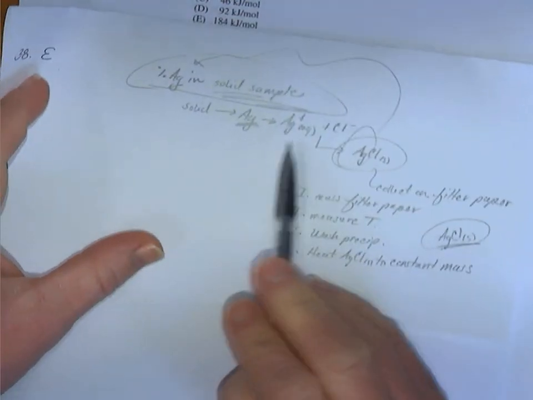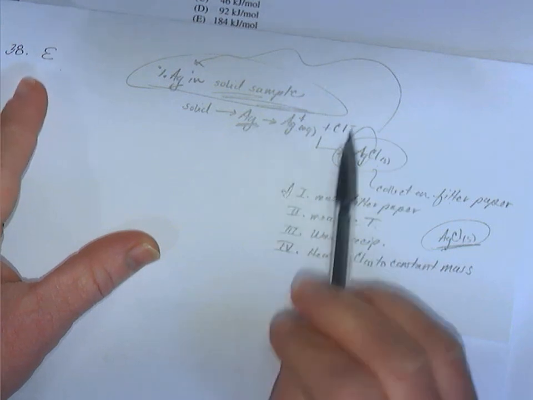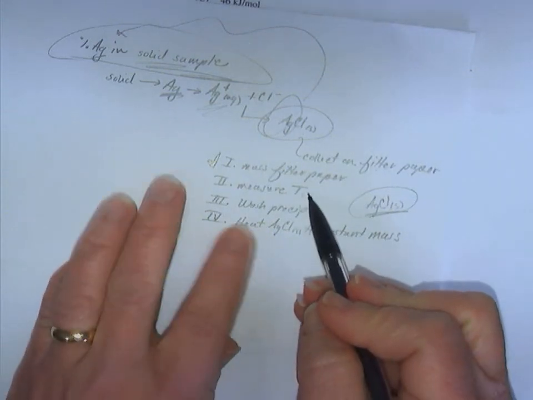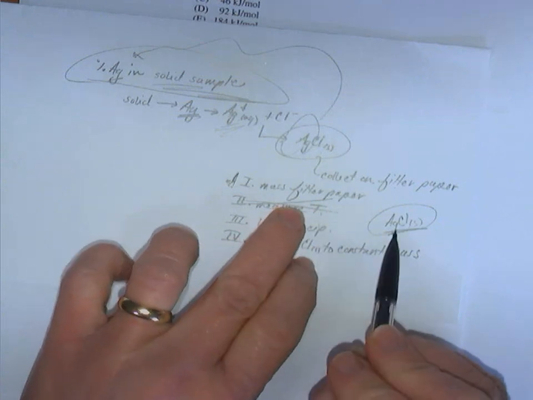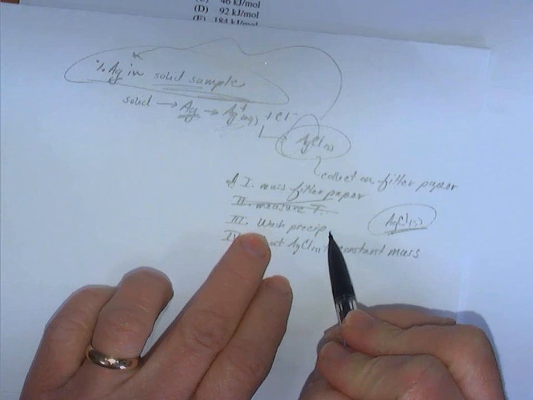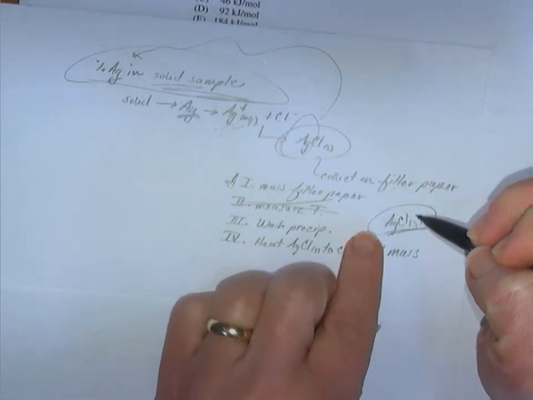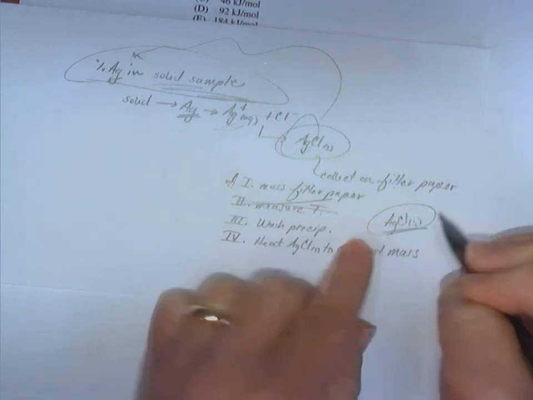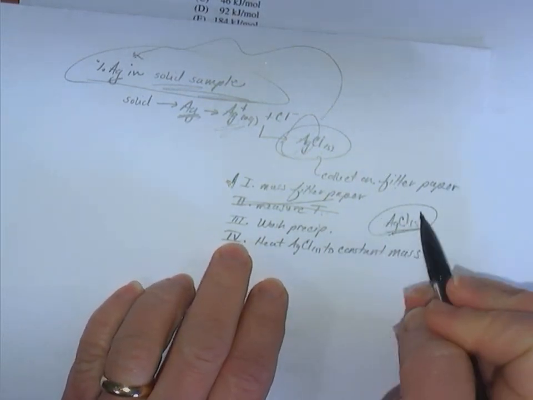Temperature we know can affect solubility, but I'm sure that we prepared this to provide ample amount of solvent to fully dissolve all this. Nah, measuring temperature isn't going to impact any kind of mass measurements. Washing the precipitate. So once we filter this, we want to make sure that we wash it thoroughly with water to be sure that any extra ions haven't been trapped by the filter paper, or any excess ions have been washed out.